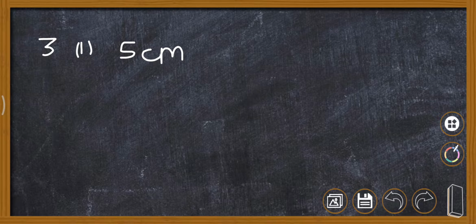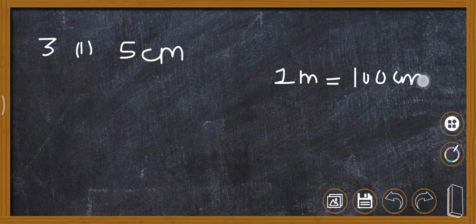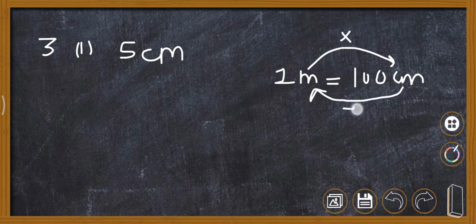We know that 1 meter is equal to 100 centimeter. So if you are converting meter to centimeter, then multiply by 100, or if you are converting centimeter to meter, then divide by 100.